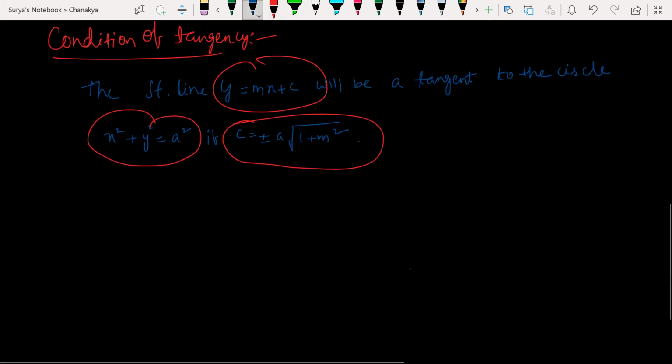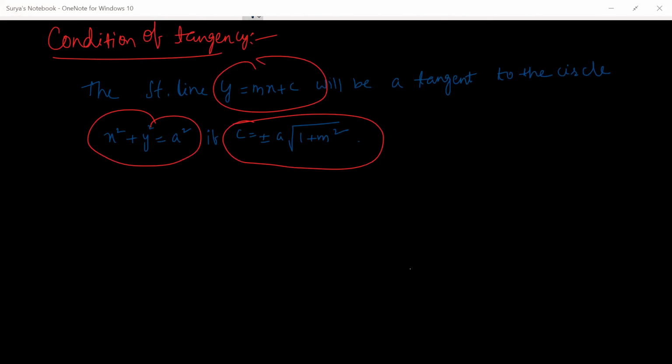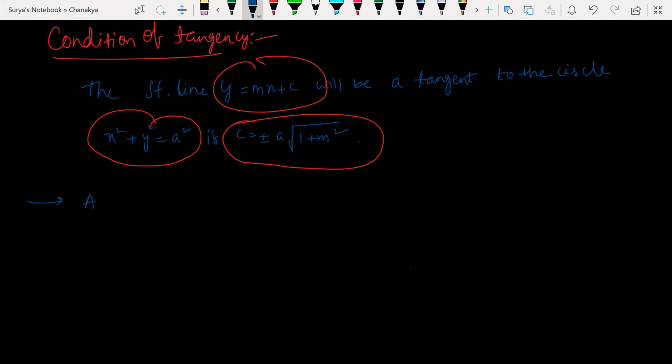See, when will a line touch a circle? Let us write the condition. Everyone, a very important note, guys. This is a kind of theoretical chapter. You should know all these notes, then only you can apply them in the question.